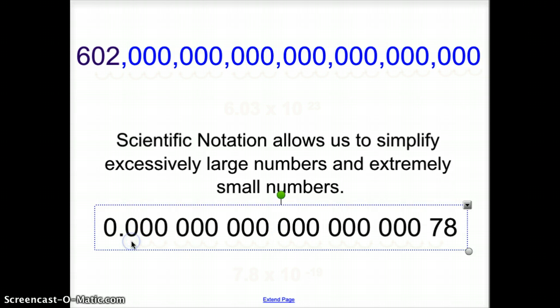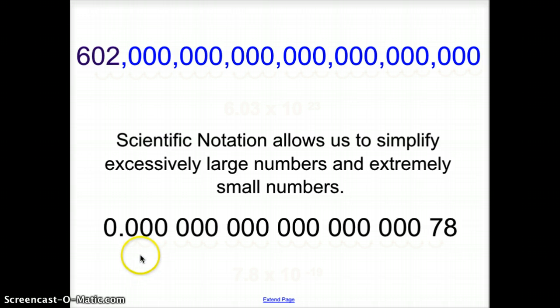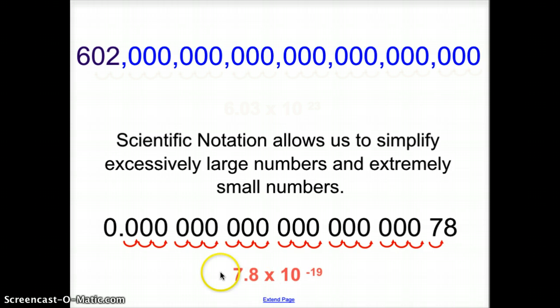And what we do is, again, we're going to move the decimal 3, 6, 9, 12, 15, 18, 19 times, giving us a value of 7.8 times 10 to the negative 19th, because we're moving to the smaller value, we're moving towards the decimal values, and therefore that becomes negative.